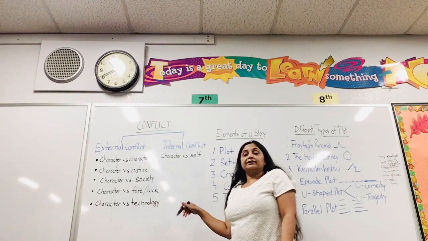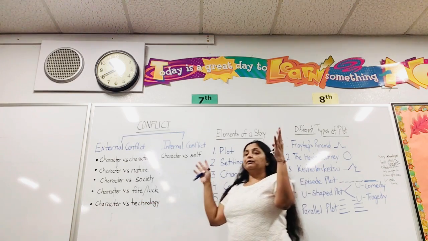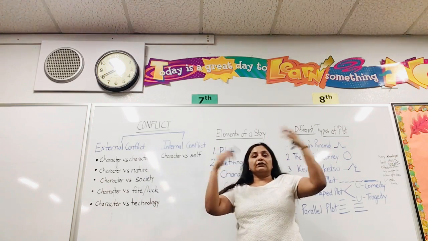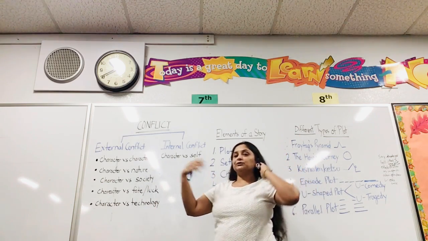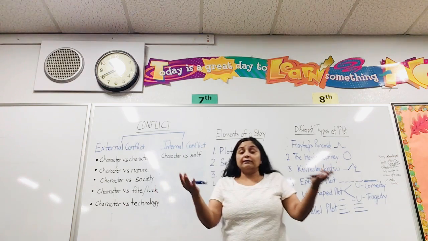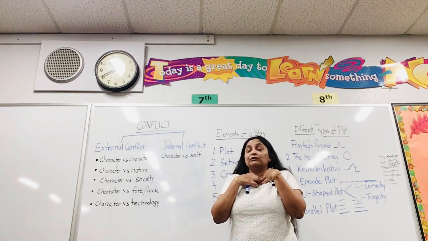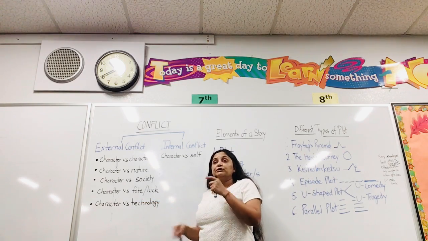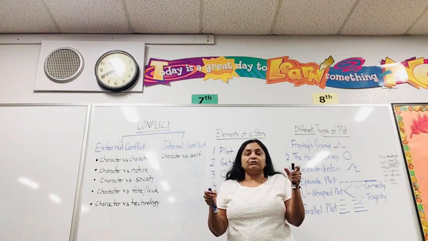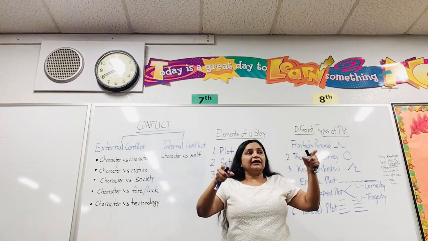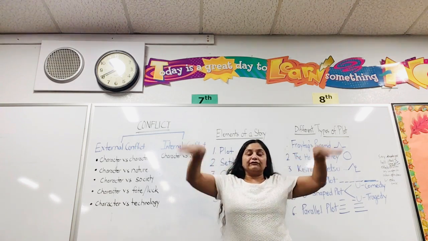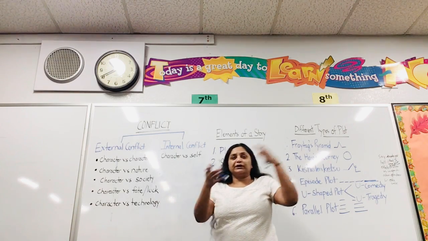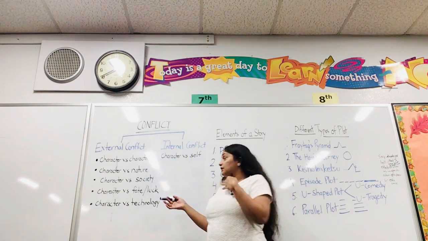Character versus technology. Superpowers, superhumans, like in Harry Potter and other stories, you see a lot of technology. Your games, though I have no knowledge of games. Character versus technology is when you are playing those online games with many of your friends, and then something happens, maybe in your Xbox or whatever devices you are using.